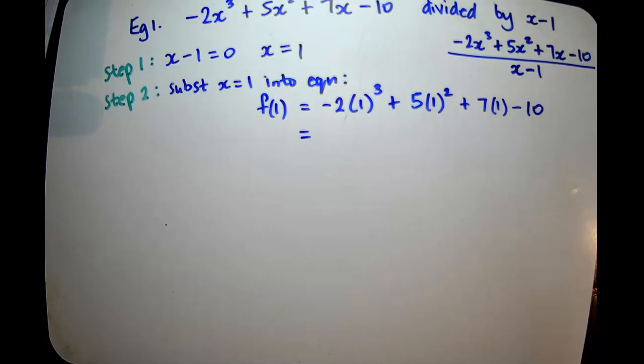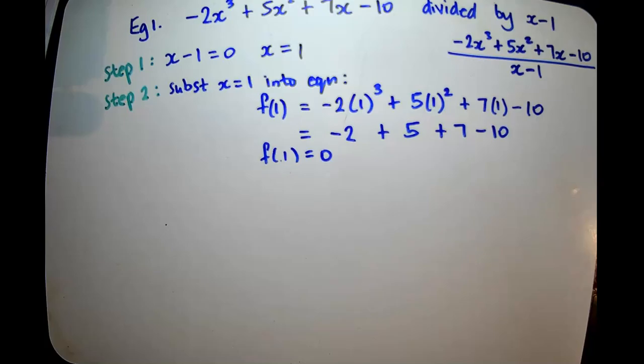So after substituting, we can simplify each term. 1 to the power 3 will give us 1. 1 times minus 2 is minus 2. 1 squared will give us 1, times 5 will give us 5. 7 times 1 is 7, minus 10. So simplifying that on a calculator, we will get 0.